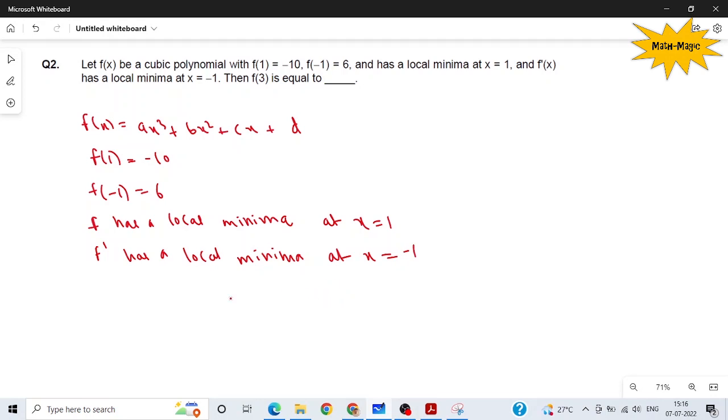So now let's substitute the value 1, as the function value at 1 is minus 10. So now let's calculate what is f of 1.